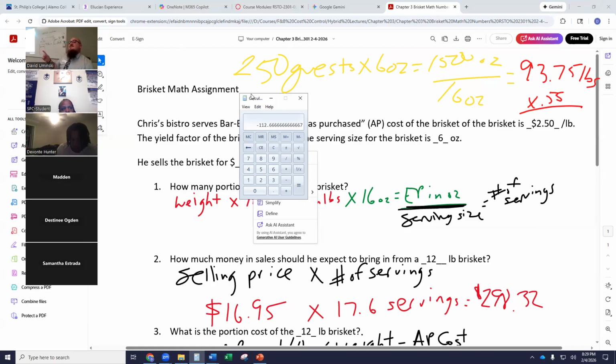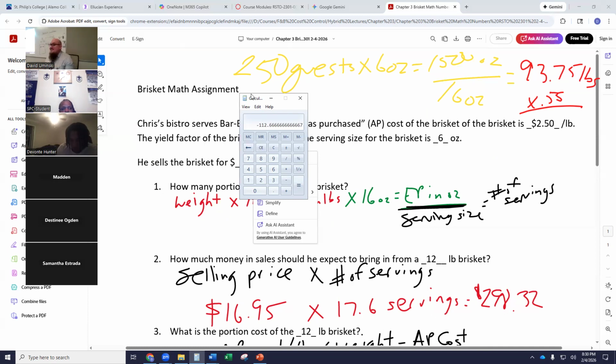Now, what if you buy your brisket already smoked? HEB has them. They're shrink wrapped. What is the yield factor of that brisket? Probably 90% or even higher, right? You might not serve the very ends of it, but you might get like 95%.